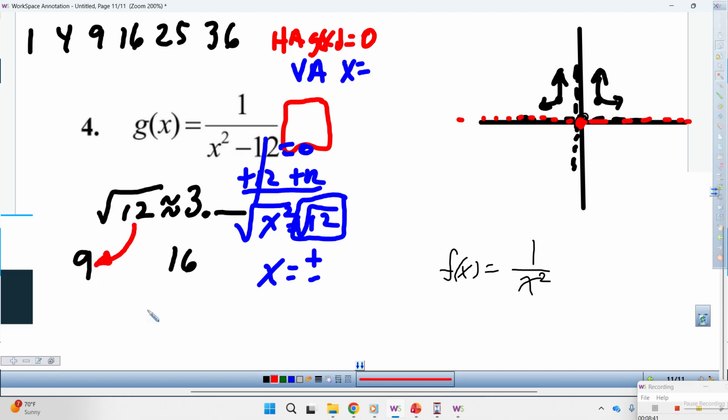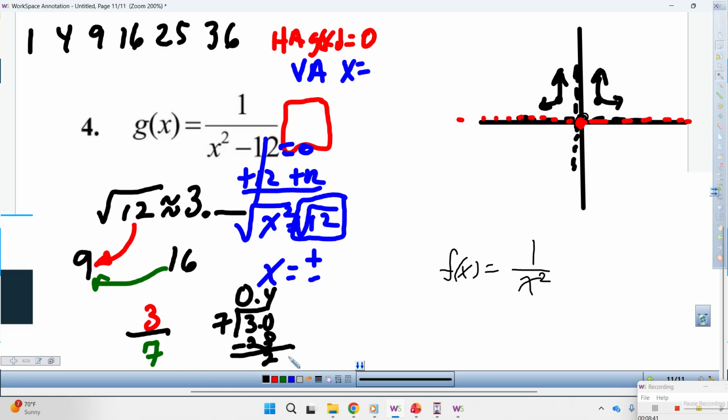So 12 minus 9, that is 3, over that from that. What is 16 minus 9? That is 7. So now that we have a fraction, what is 3 divided by 7? Well, 0 point. That's 4. 28. 2, add another 0. Fits in there twice. So this is 3.42.